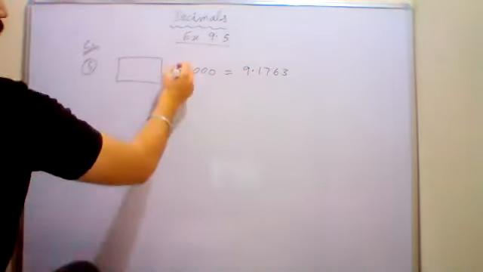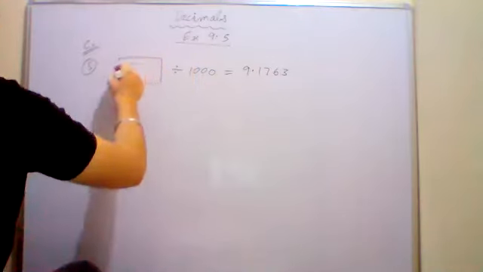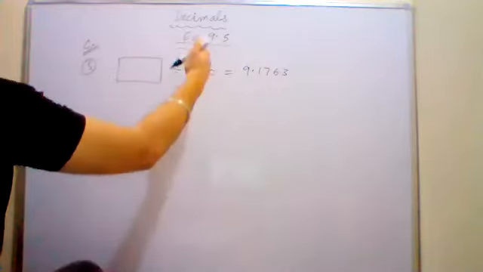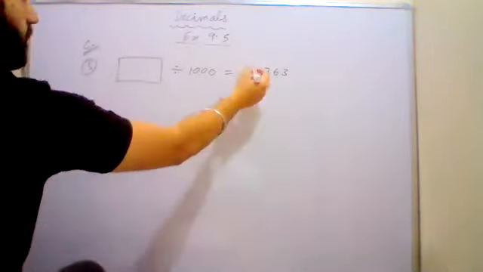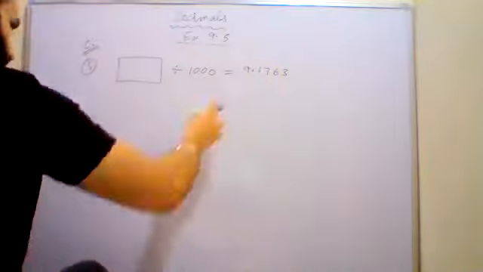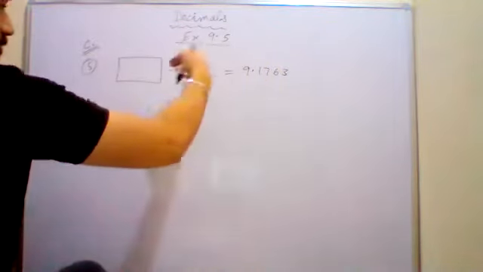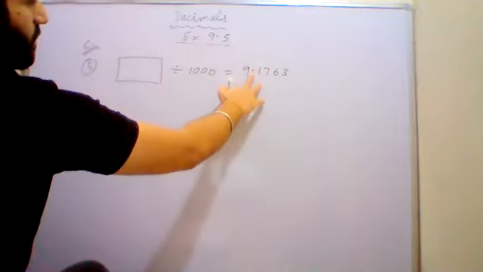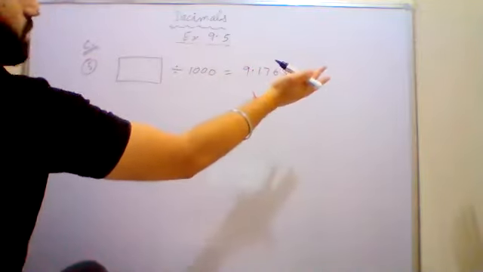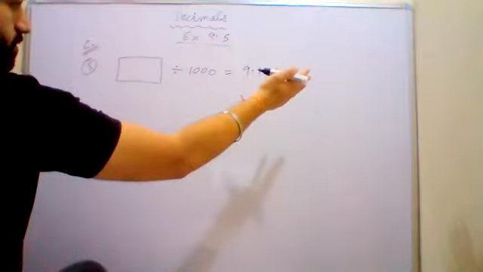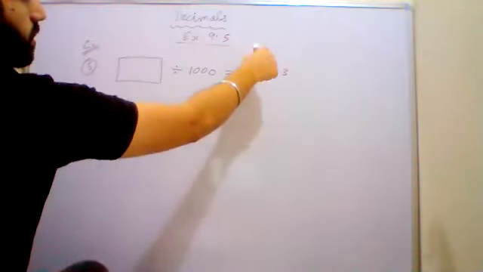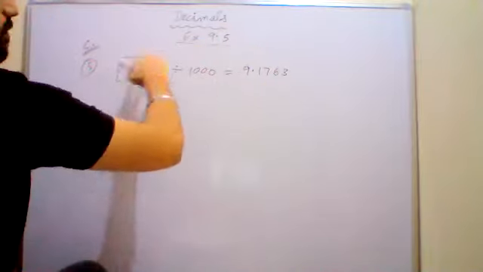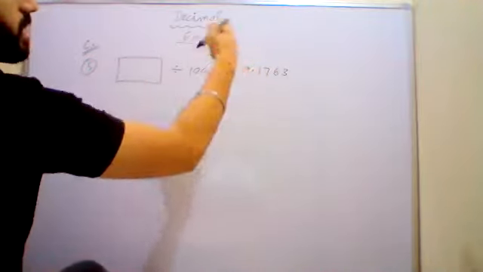Now, we all know that if we divide a number by 1000, the decimal moves to the left side. After moving 3 places to the left, the decimal is now after 9. So originally where would the decimal be? Do the reverse. The decimal came here after moving left, so originally it must be to the right.